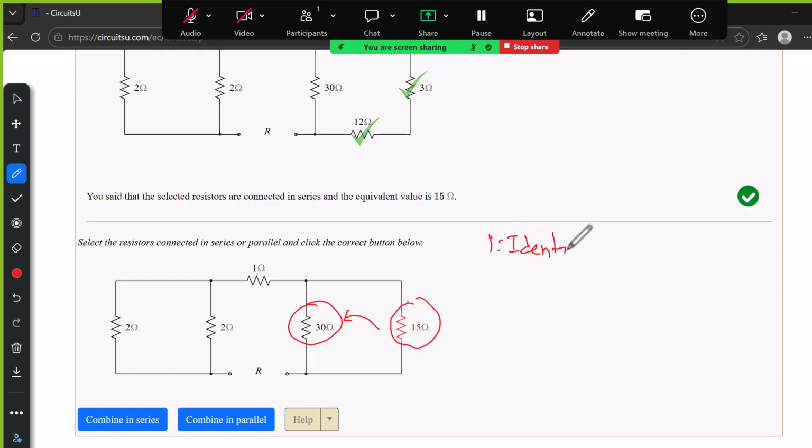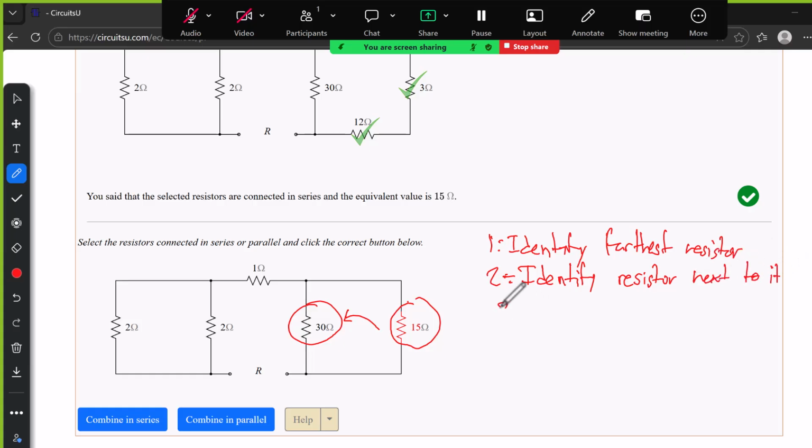Identify the farthest resistor. Identify the resistor next to it. Then check which connection.